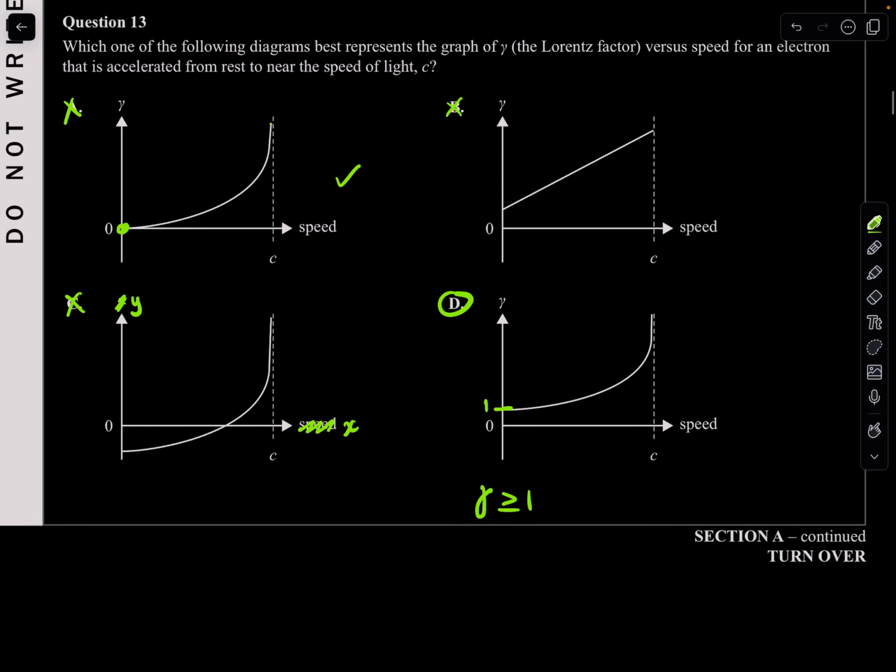So when we looked at lambda, we would have known straight away that A is wrong, because it would have to be greater than or equal to 1, which this one is actually equal to 0. C would also be wrong, because lambda is less than or equal to 0. So it would have been these two, but also we know that it will never actually approach that c value. This one does approach that c value, so absolutely not right.